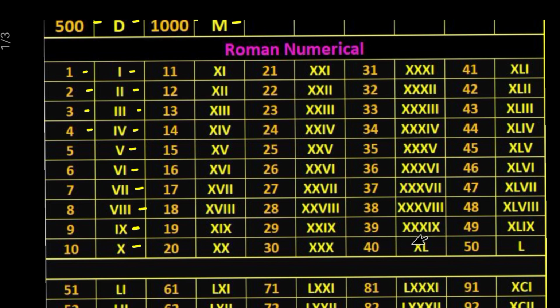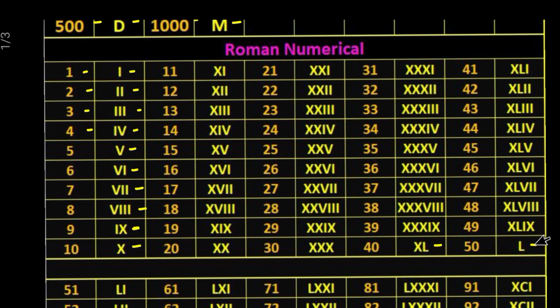For 40, we cannot write 4 times X, because the rule is that we can repeat a digit only 3 times. So what we have done here, for 50 we call it L. So here L minus 10, that is 50 minus 10, is equal to 40.